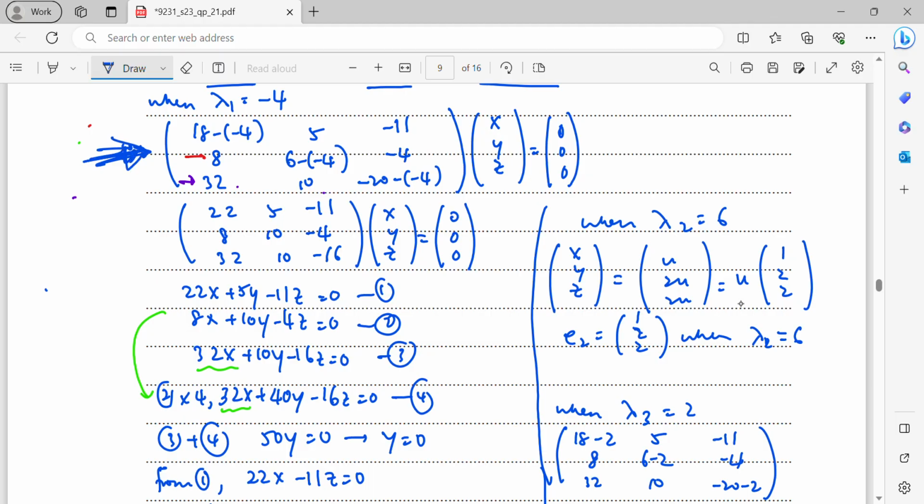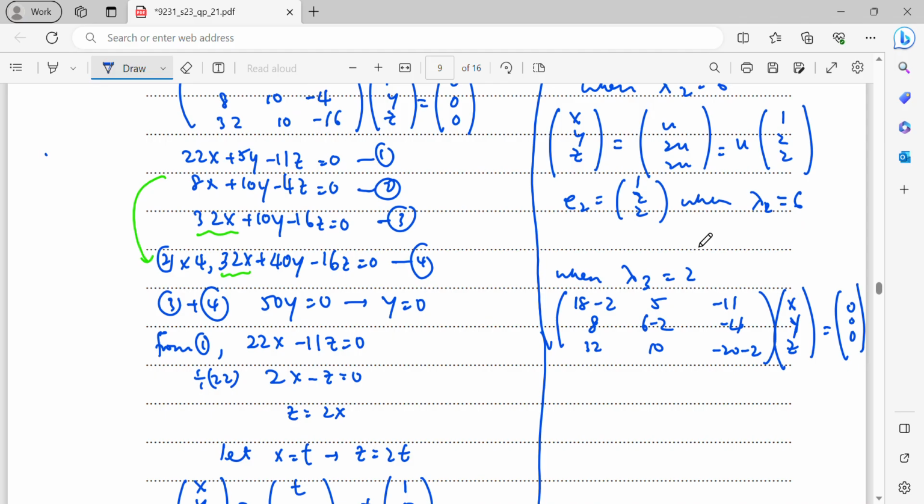Then multiply by x, y, z, equals to all 0. Now, when you simplify, the first one will be 16, 5, minus 11, then 8, 4, minus 4, 32, 10, then minus 22, xyz equals to all 0.